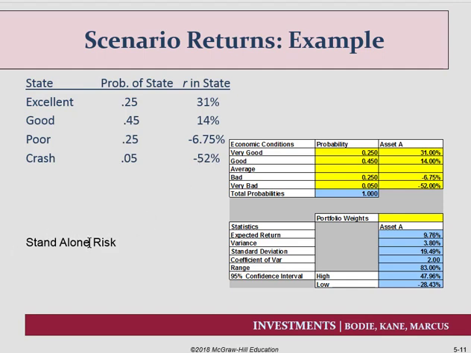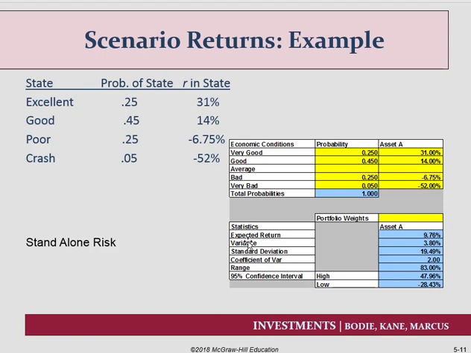Now this comes from what's referred to as the standalone risk worksheet. We have yellow boxes. You plug in the probabilities, use decimal places for probabilities, and for the assets, you want to use the percentages for the assets and their expected returns.